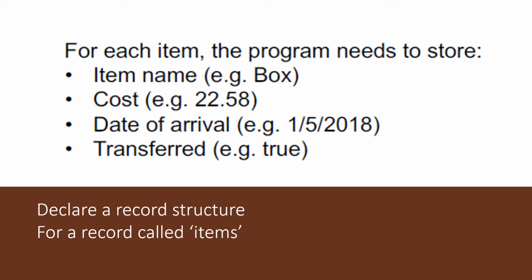So putting that together, the template that I've just shown you and these facts about what attributes we need to store, we can declare a record structure. So I strongly recommend that you pause the video now, check the data that you've been provided with, and try and answer this question. I'm going to show you an example correct answer on the next slide in a moment or two.